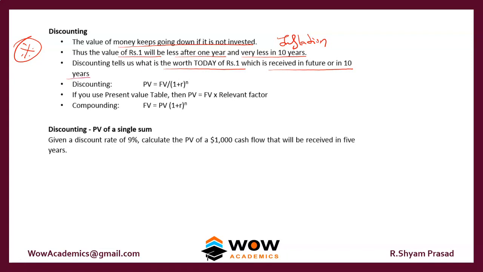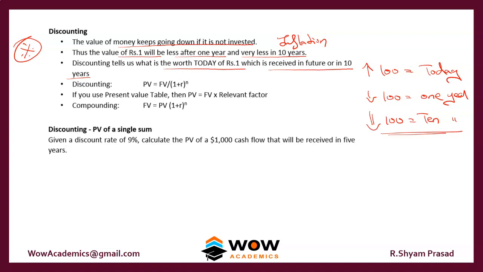So assume that someone gives you 100 rupees today. That 100 is worth much more than 100 that you are going to receive in 1 year, or 100 that you are going to receive in 10 years. So the value of money in today's terms is high. In 1 year's time it goes a little bit lower, but in 10 years' time it goes very low.